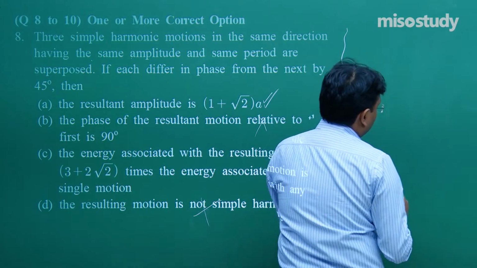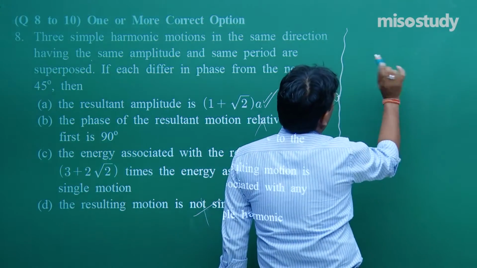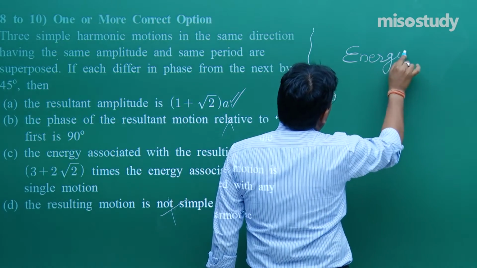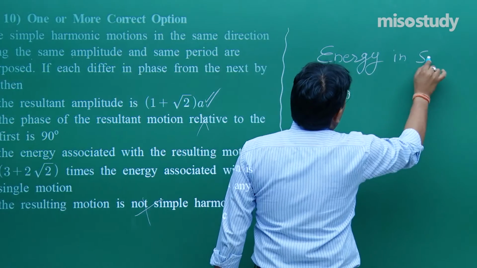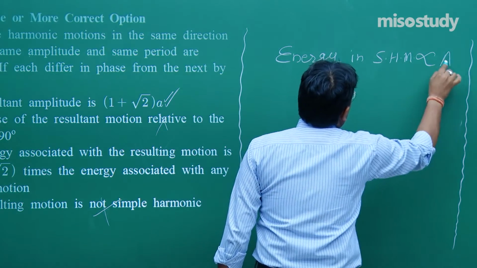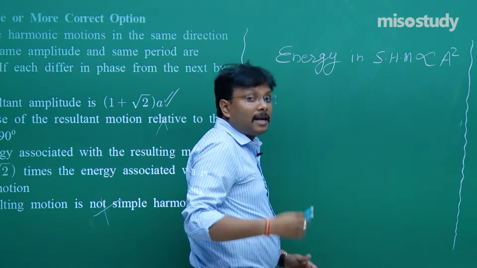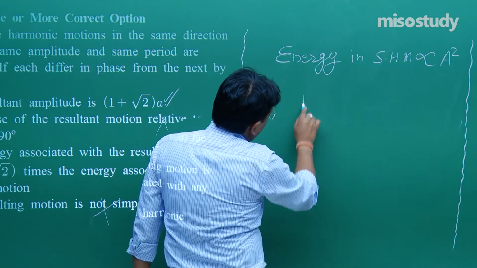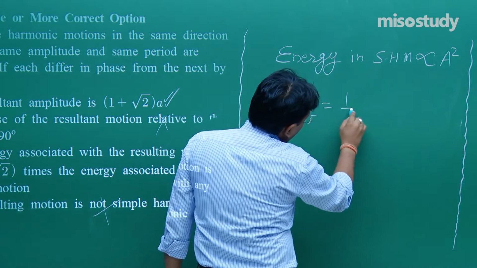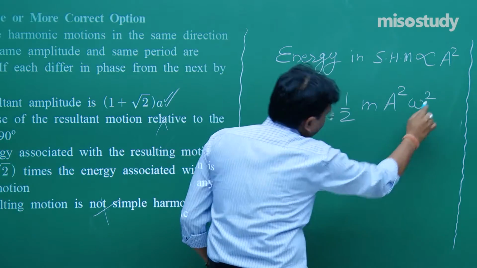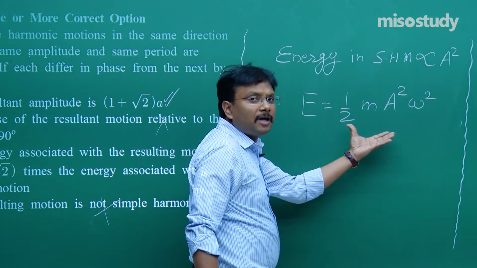Let's try to check it. You know, students, energy in SHM is directly proportional to A square. Means energy oscillates and it is directly proportional to A square. So E is equal to half m A square omega square, the general relation of the energy.